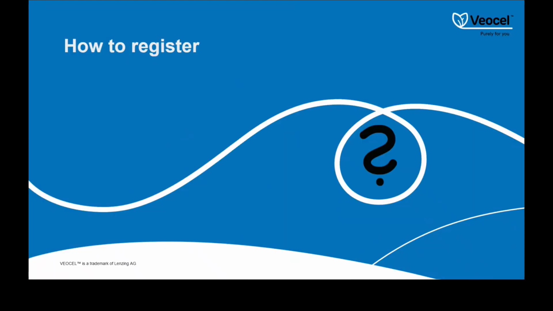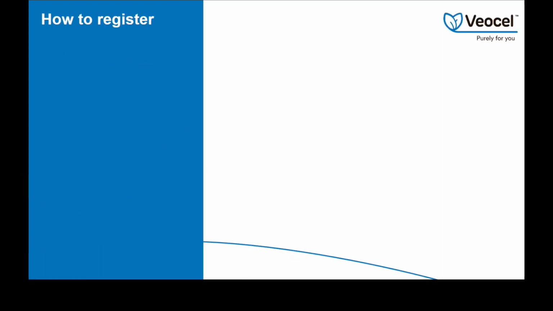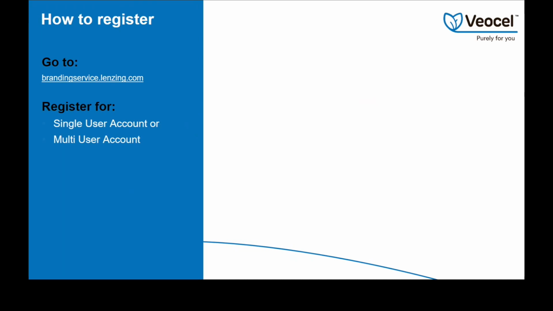We will start with the registration process. In the first step, you would go to brandingservice.lenzing.com. You can click on Register to get the options between 2 account types, either a single user or a multi-user account.